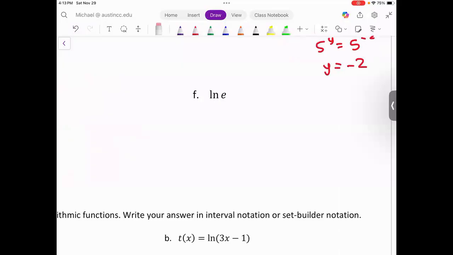And so if we have the same base and the same argument, it's going to equal 1. But we can also do it the way we've been doing it before. We can set it equal to y and convert to exponential. We have that base e raised to the y equals e. We can think of e as e to the 1. And so y equals 1.